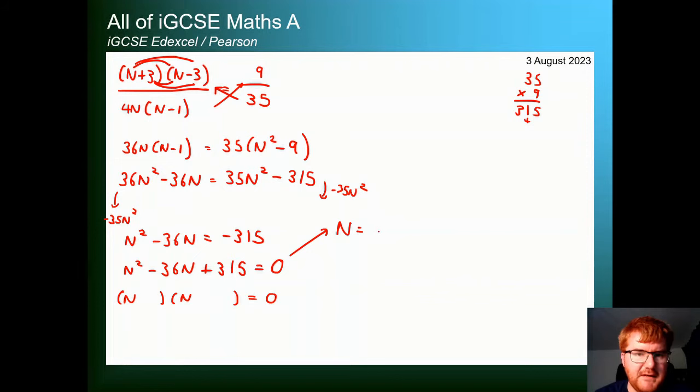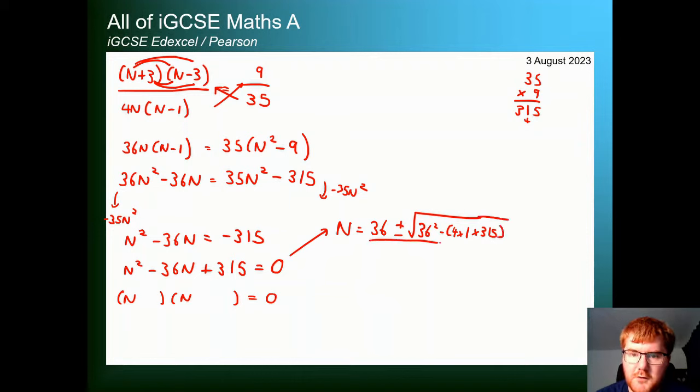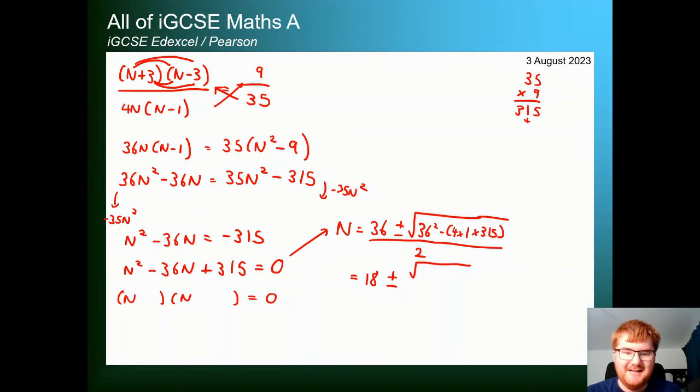So this is minus b, so 36 plus minus the square root of 36 squared minus 4 times 1 times 315 all over 2a. Okay, so 36 divided by 2 is 18, so we can simplify that down. If we pop the square root into our calculator, 36 squared minus 4 times 1. I assume it's going to be something nicer.